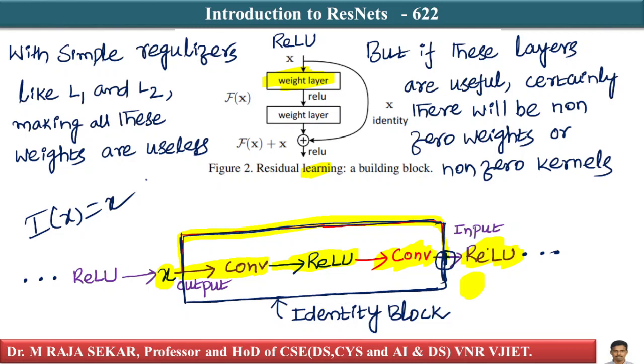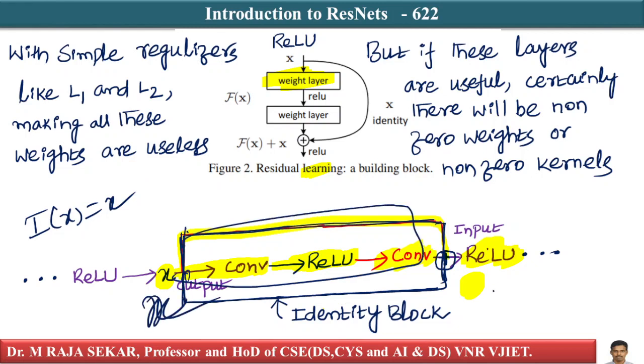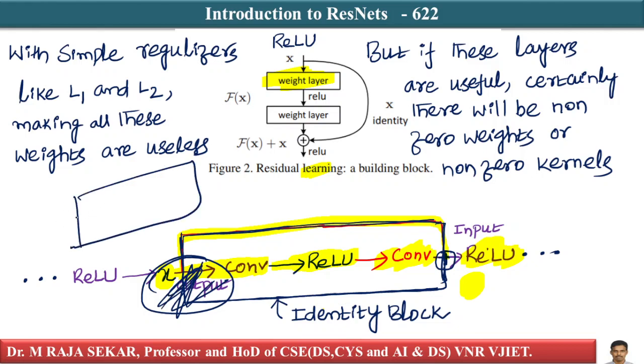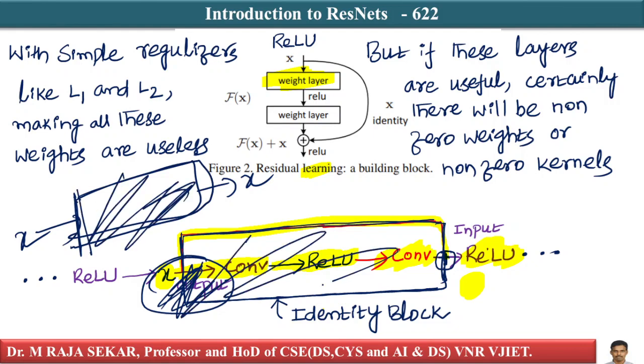This whole thing literally takes an identity function, because you are inputting X here and you are getting an output X. For this particular block, X is the input, and the output is also X, isn't it? You are getting an output of X because this whole block is useless.